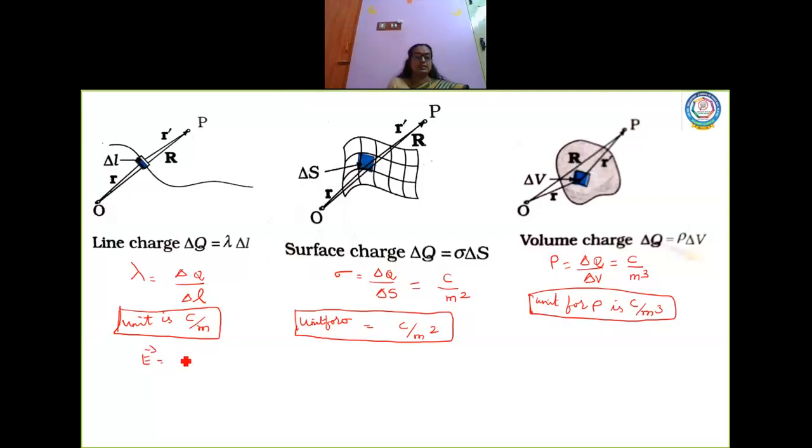It is Q by 4 pi epsilon naught R square into unit vector. This formula can be used to find out the electric field for a continuous system of charges also, right?